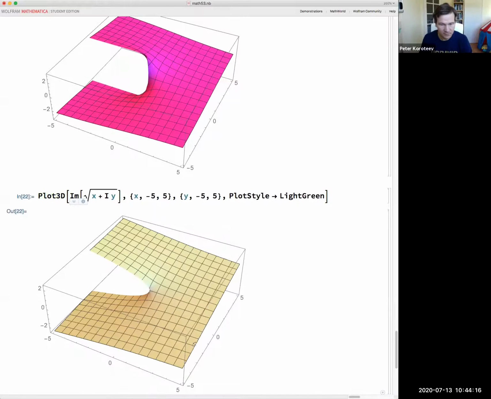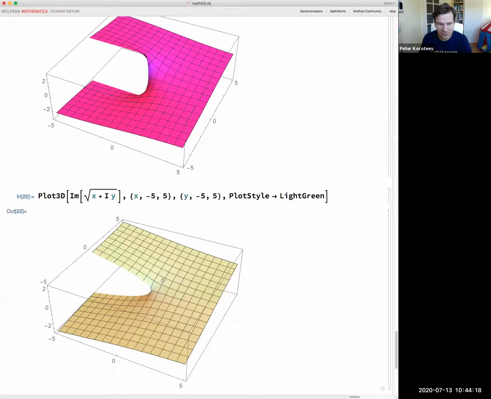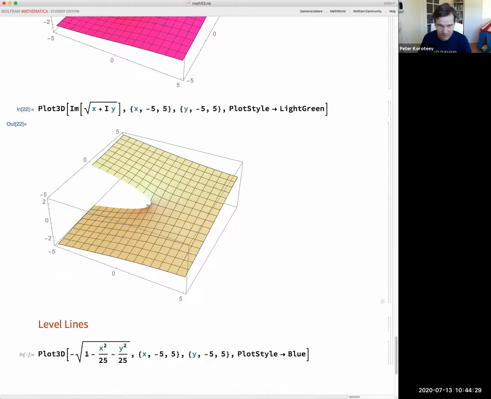So that's the same thing, only with a different function, which is the square root of z, right? Again, there's this discontinuity here because there are two branches, right?